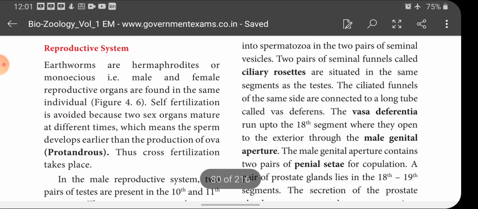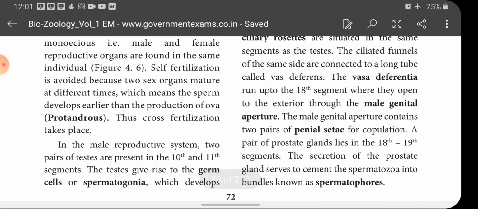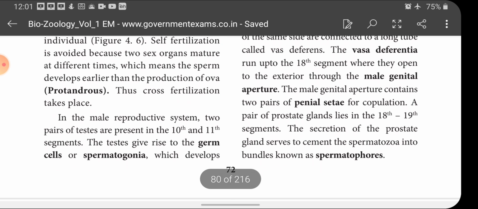The vas deferentia run up to the 18th segment where they open to the exterior through the male genital aperture. The male genital aperture contains two pairs of penial setae for copulation. A pair of prostate glands lies in the 18th and 19th segments, and the secretion of the prostate gland serves to cement the spermatozoa into bundles known as spermatophores.